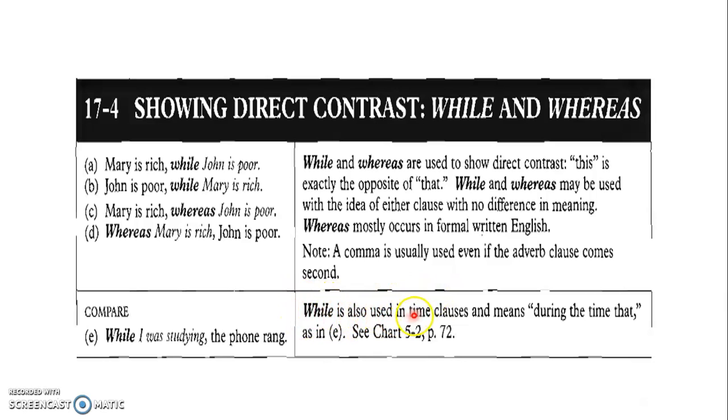While is also used in time clauses and means during the time that: while I was studying, comma, the phone rang. So there will be more explanation about while.